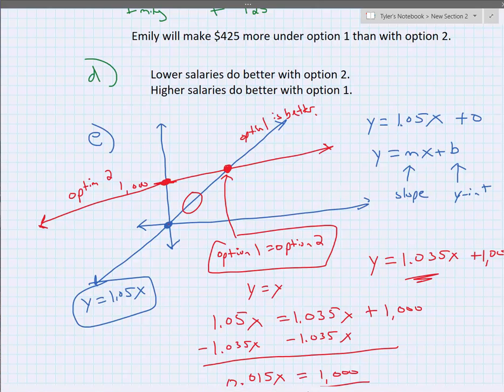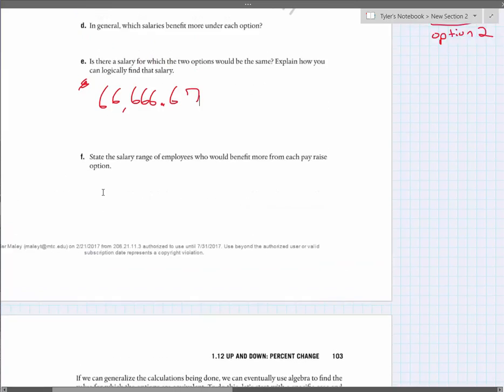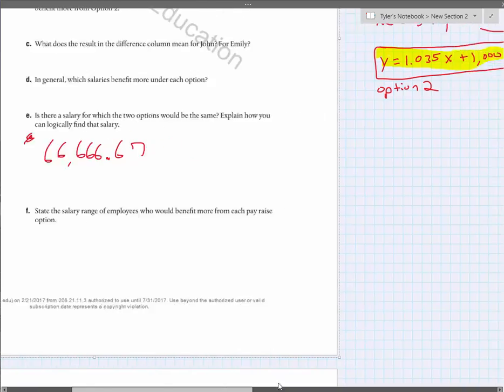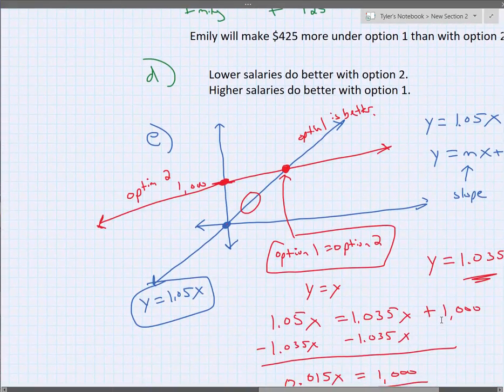So then lastly, part E, or excuse me, we just did part E. Part F says state the salary range of employees who would benefit more from each pay raise option. So if we use that information in my chart, we can figure this out. So let me just bring your attention back to this graph.